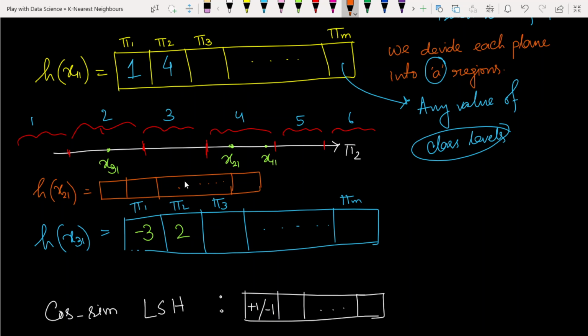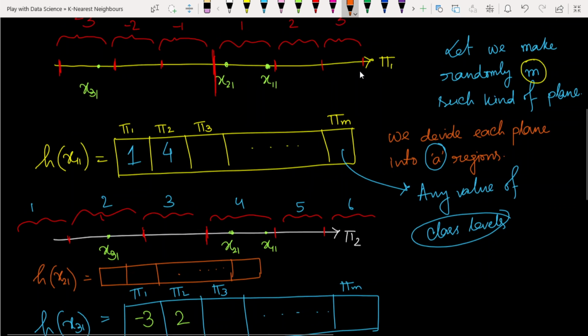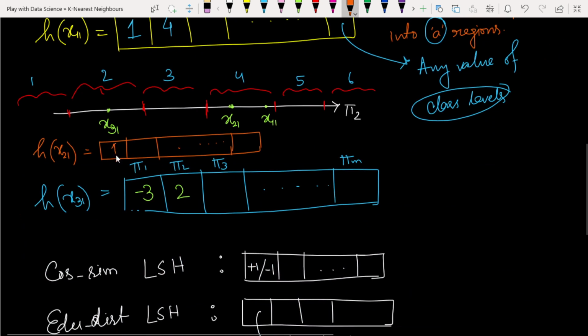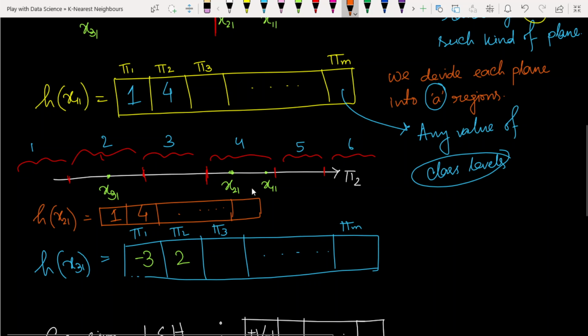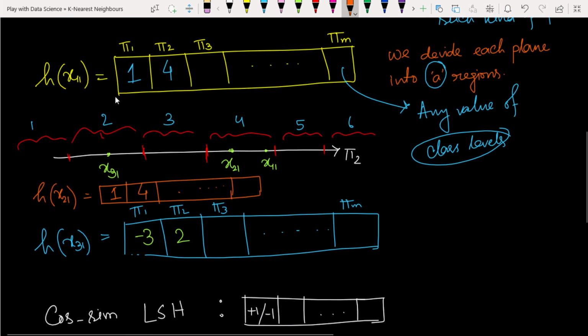For the pi1 plane, this value will be 1. For pi2 plane, this value will be 4. So similarly, just see this, if 2 points are closer, then their hash values are similar. The distance of this hash value will be closer. So if you count the Euclidean distance from hx11 to hx21, it will be closer.